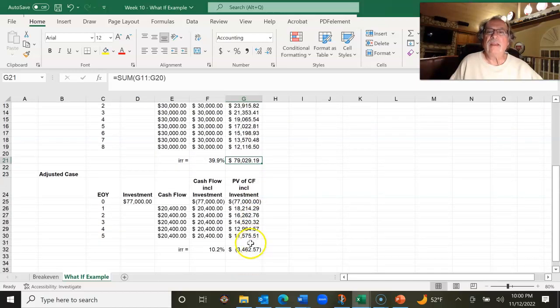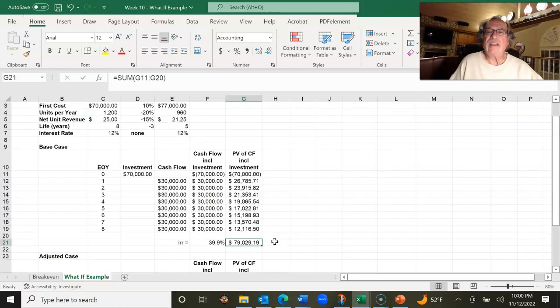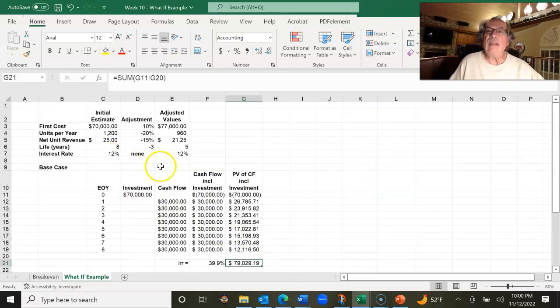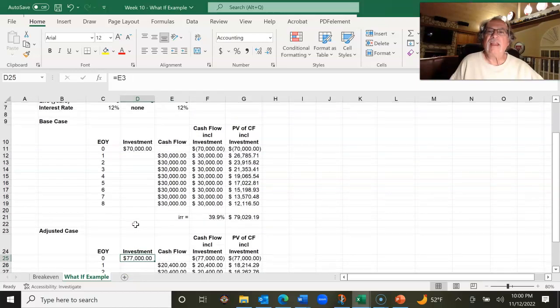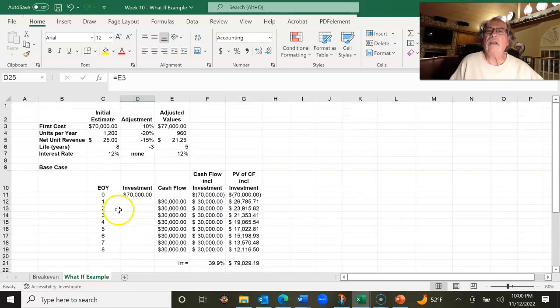And so I had the present value changing if we implemented an increase in our investment of 10%, and then our cash flow dropping by approximately 20%. It's the combination of the units per year and the net revenue. So that's one way to look at this. But again, our present value is our performance variable.